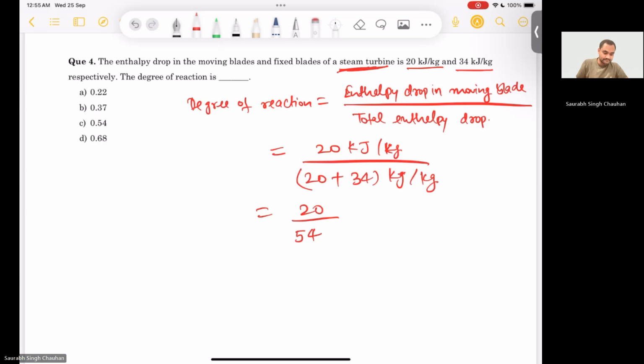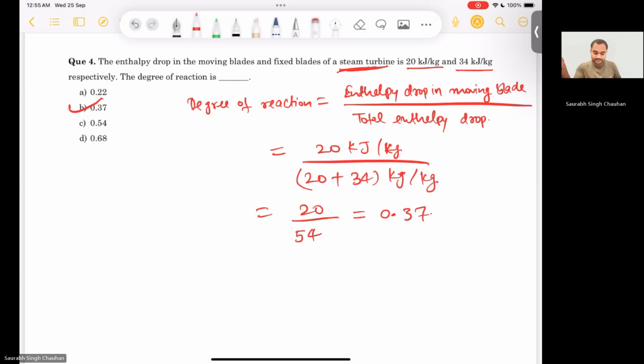It is coming around 0.37. So please calculate this value and check that you are getting the same answer. If there is any mistake, just let me know. So option B is the correct option.